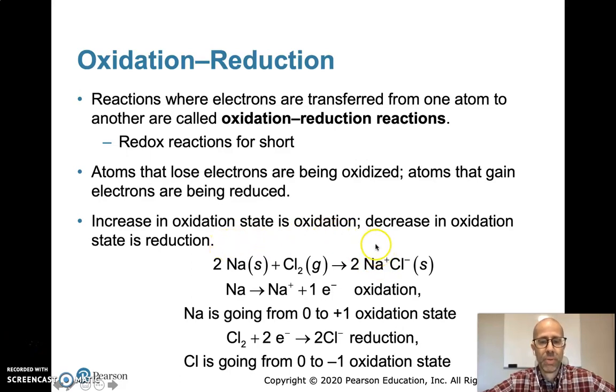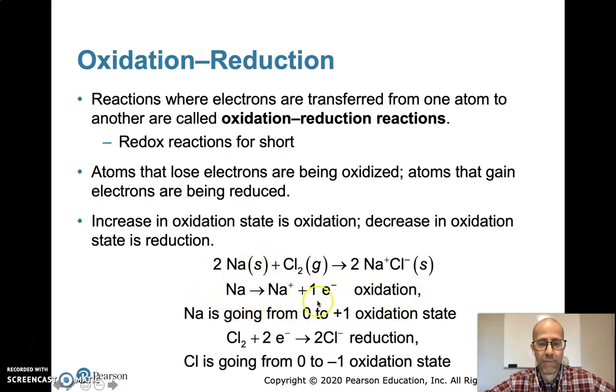So it's becoming more positive, therefore it lost an electron, so sodium is being oxidized. Na, a neutral sodium atom, goes to a positive sodium ion plus 1 electron. That's the oxidation half reaction.